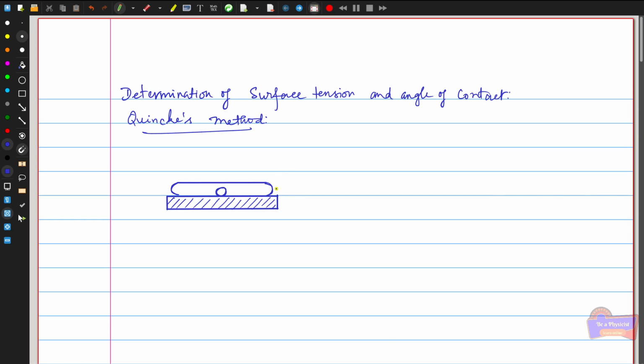For example, if we draw the tangent from this point of contact, then this is a tangent, and this angle is known as alpha, and this angle, taken as theta, is the angle of contact.